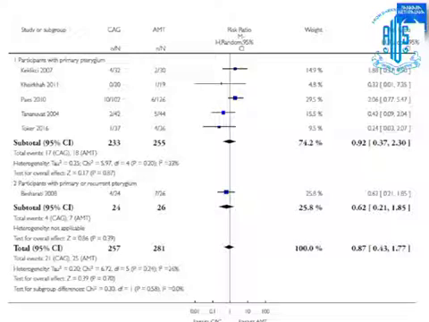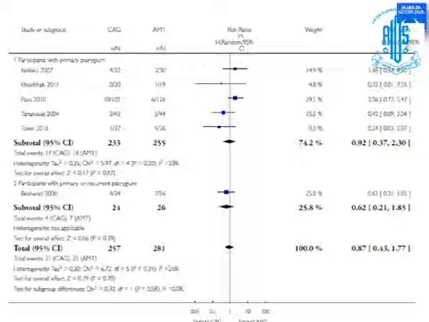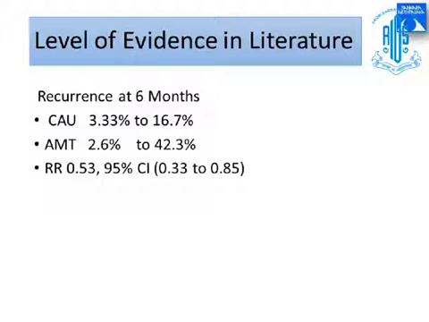So look at the results. This meta-analysis report shows that the risk ratio is equivocal, so either doing conjunctival autograft or amniotic membrane is not much of a difference. Can we come back and look at what happens at 6 months? This is the recurrence at 6 months. The conjunctival autograft recurrence was 3.36% to 16.7%, whereas with AMT it was 2.6 to 42.3%, which is very high.